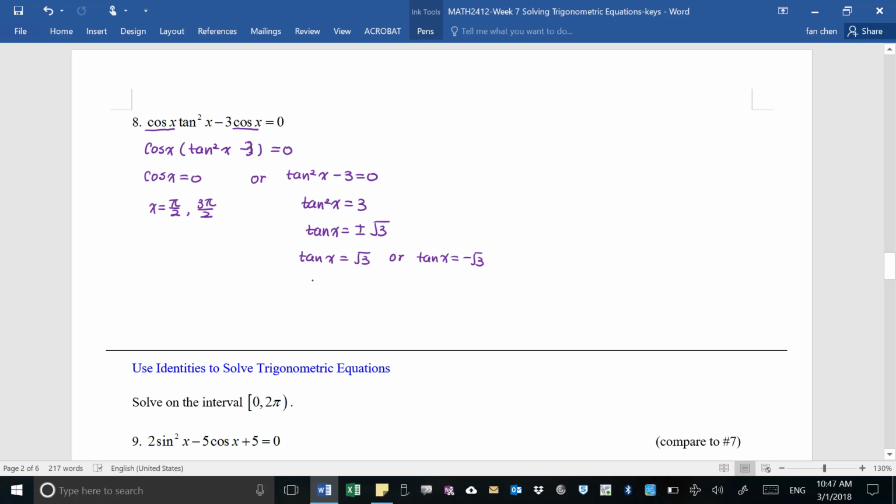Tangent x equals square root 3, x indeed is pi over 3 and 4 pi over 3. And when it's negative, that's 2 pi over 3 and 5 pi over 3. Okay. So overall, we combine all those, so the solution set has pi over 2, 3 pi over 2, pi over 3, 4 pi over 3, 2 pi over 3, 5 pi over 3.